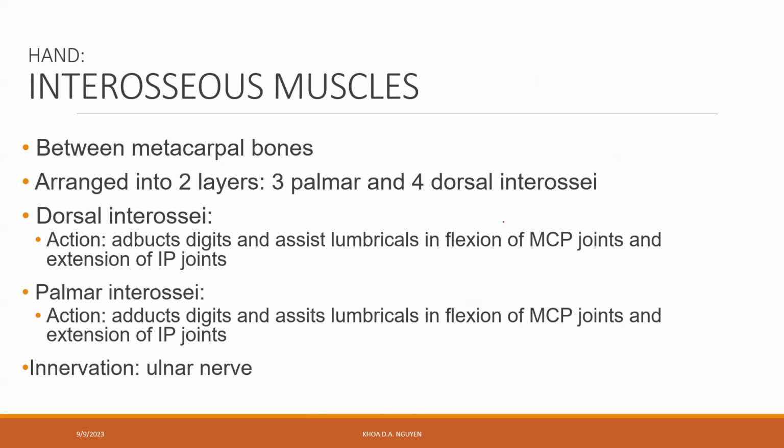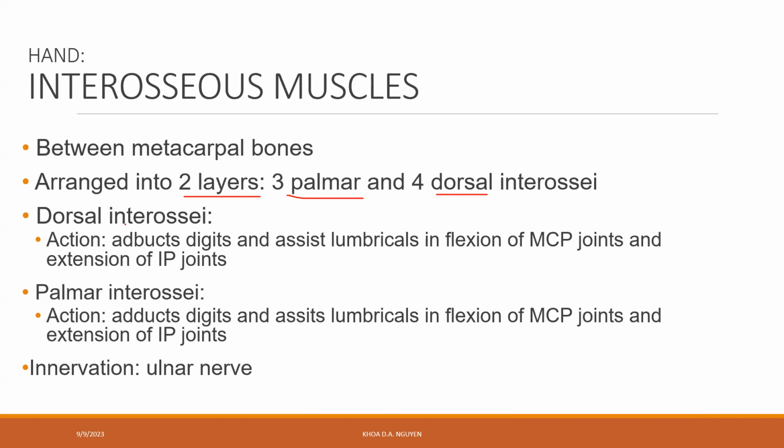Now, the interossei, or the interosseous muscles, are called interosseous because they span the distance between metacarpal bones. They are arranged into 2 layers: a palmar layer, which contains 3 palmar interossei muscles, and a dorsal layer, which contains 4 dorsal interossei muscles.